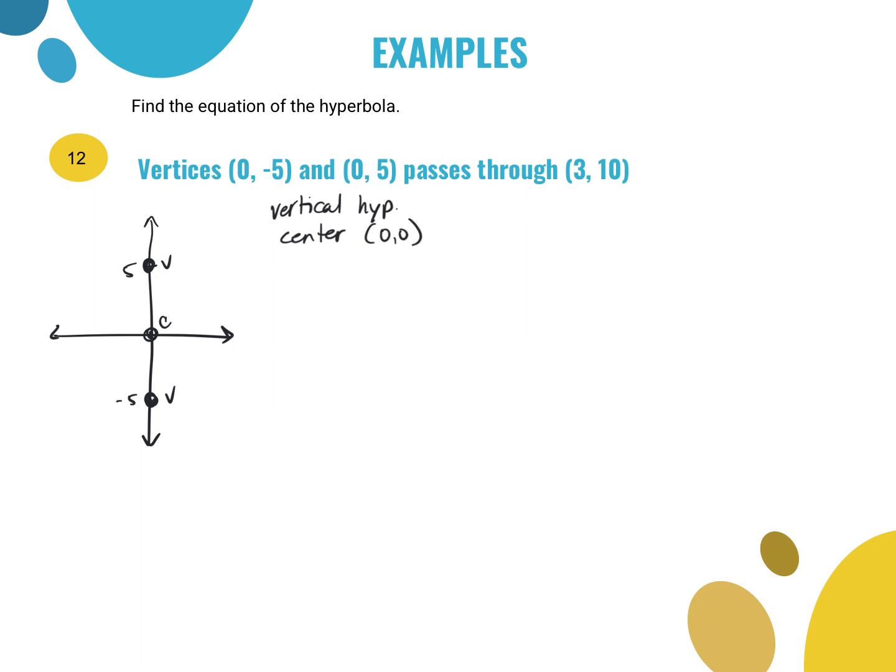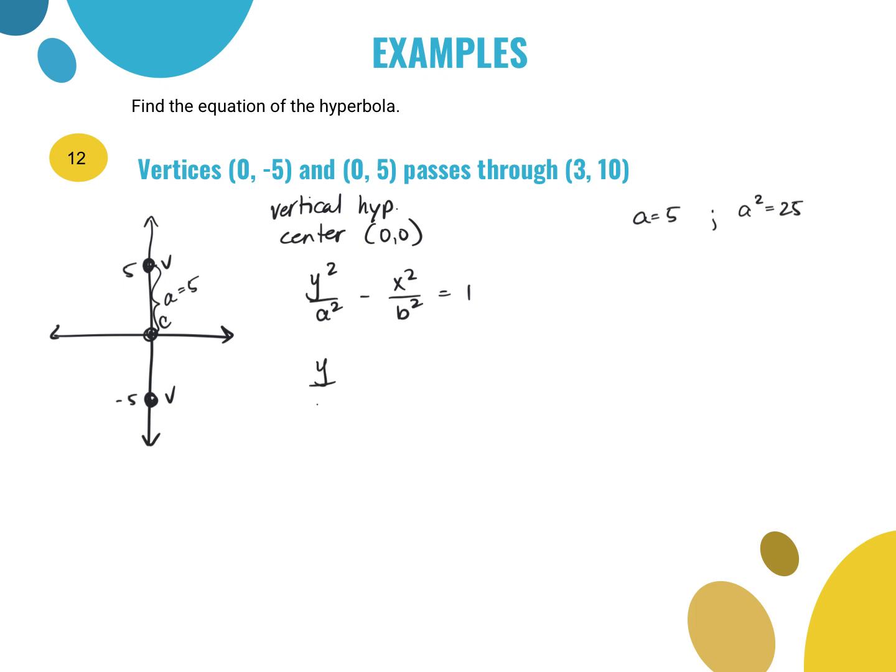And we know that the equation is going to start with y squared over a squared minus x squared over b squared equals 1. The distance between the vertices and the center is our a value, and it's 5 units long. So a is 5, which means a squared is going to be 25.